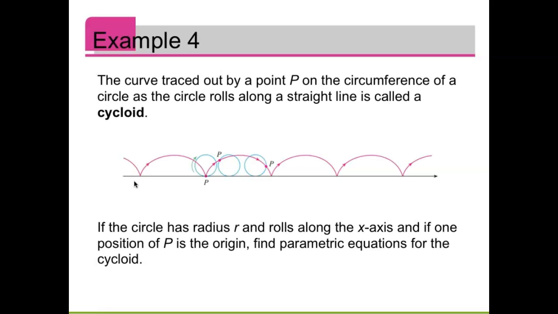But a cycloid is produced when we focus on a circle and a point on that circle, and we follow the path that's being traced out by that point as we roll the circle along an axis, right? And so that curve is called a cycloid, and it actually has some really interesting physical properties that I'll try and illustrate for you.